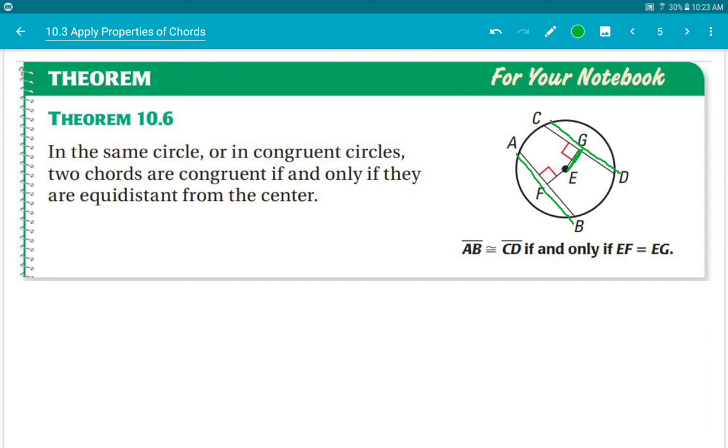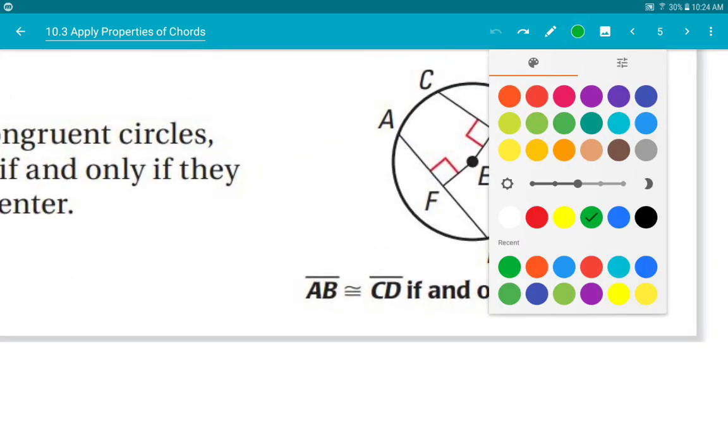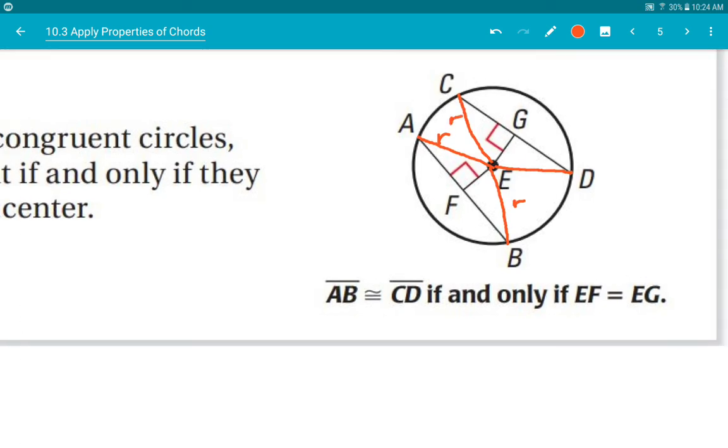All right, now let me show you exactly how we prove this so that you guys can see exactly why this is the case. So let's go back a little bit. Then I'm going to zoom in just to get a better picture here. All right, so if I draw the radius for these triangles, I have R, R, R, and R. So all these are congruent, right?